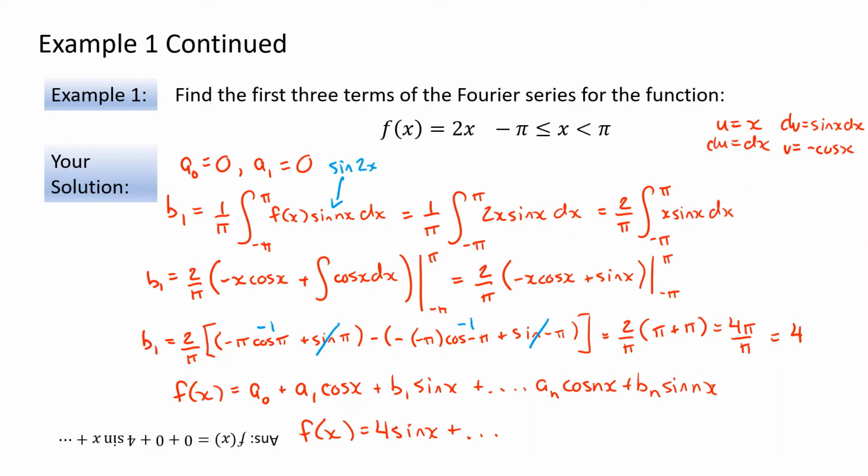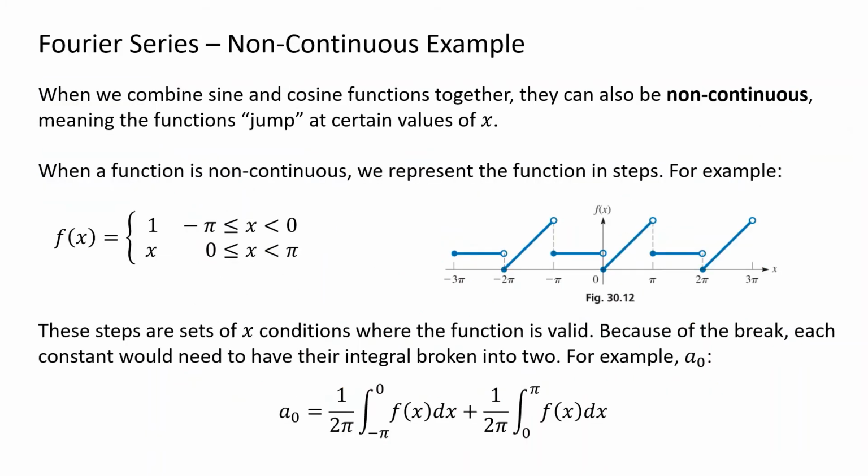So you'd still do your integration by parts. Nothing would change. This would become 2x sine of 2x, which would again become x sine of 2x. Nothing would change except for the fact that you have a 2x now to do in your integration by parts. Same thing will go with the a term.